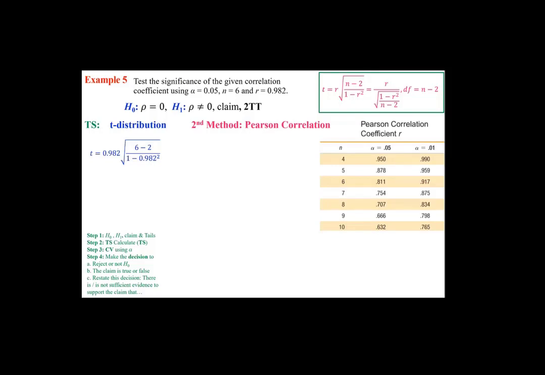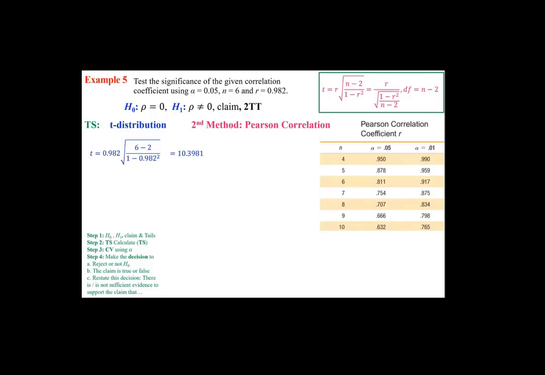So take a look at the formula. t equals r, 0.982, times the square root of n minus 2, 6 minus 2, over 1 minus r squared, 1 minus 0.982 squared. Okay, you do the math, you come up with the test statistic for the t-distribution. Critical value is what?